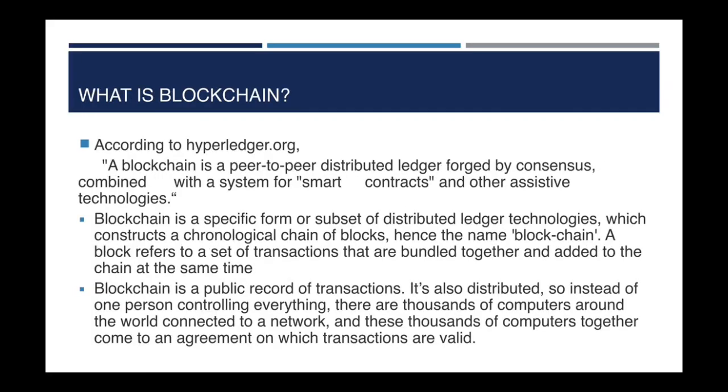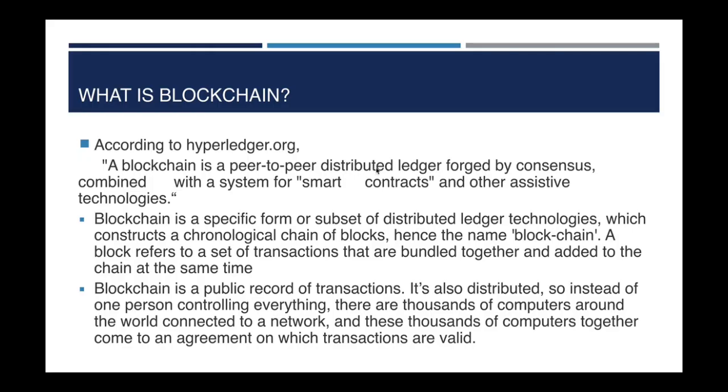So now let us see the hyperledger.org definition of what blockchain is. As you can see from the slide, a blockchain is a peer-to-peer distributed ledger forged by consensus, combined with the system for smart contracts and other assistive technologies. So what do you mean by that?